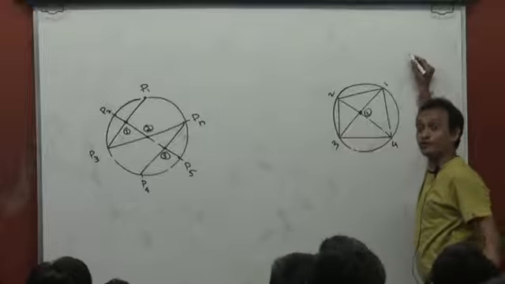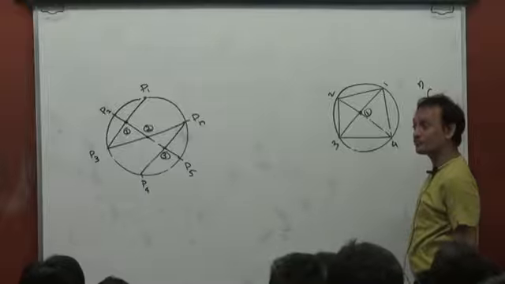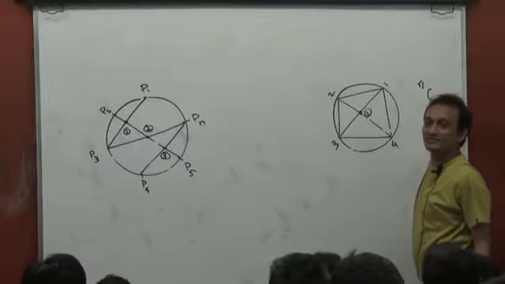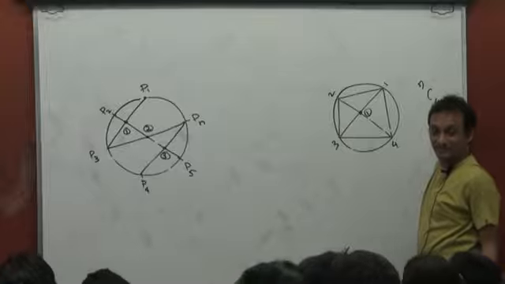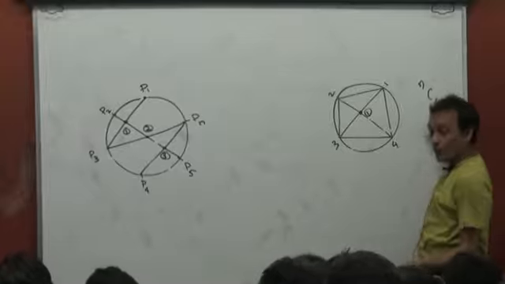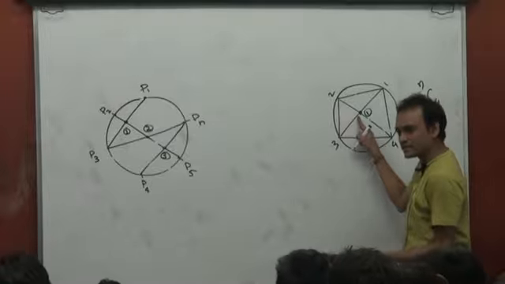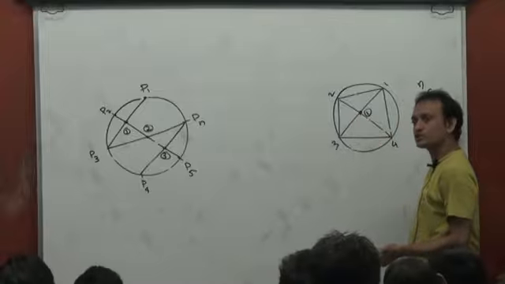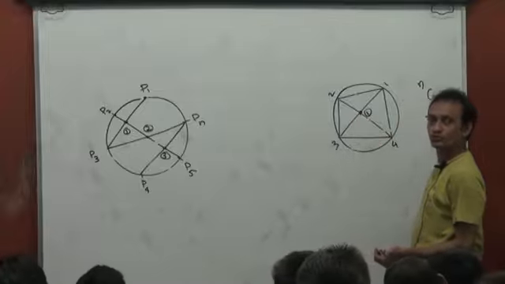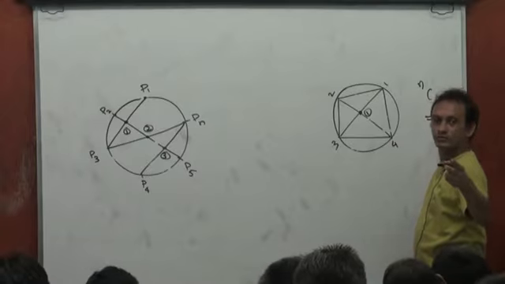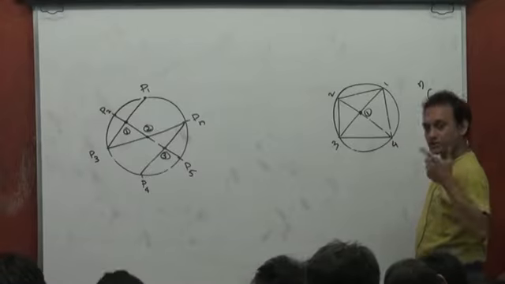How many sets of 4 points exist? NC4. So these many intersection points, NC4, right?